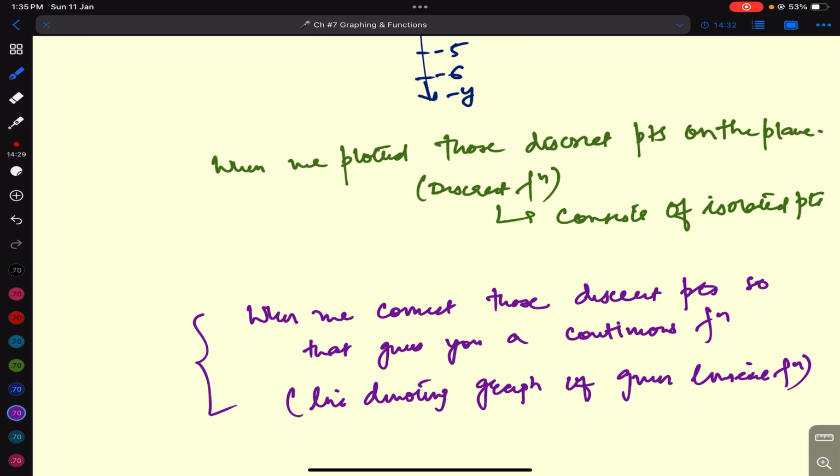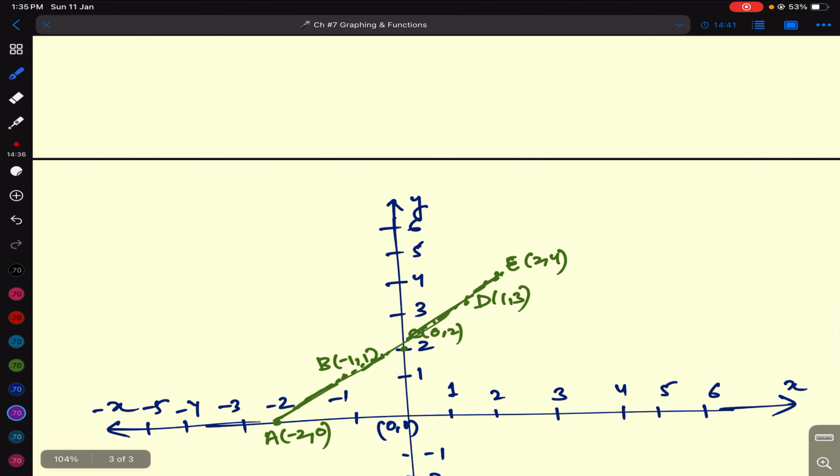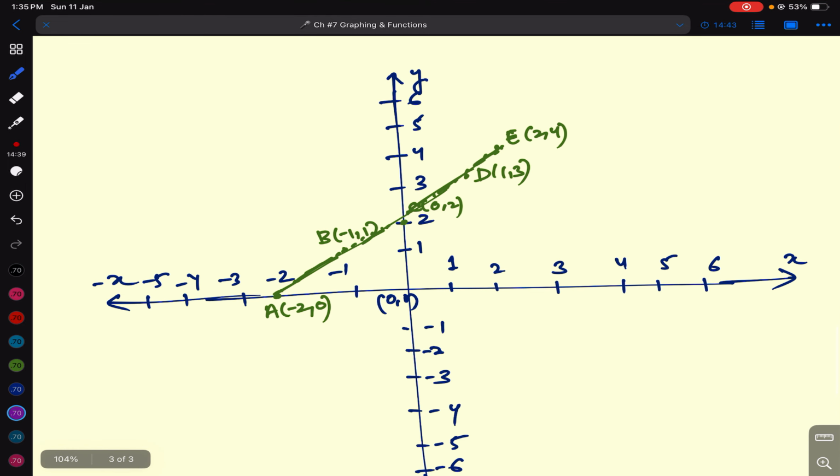Clear? So this becomes your line. Now let's extend this to both the sides. Okay, so that is what the extension looks like.